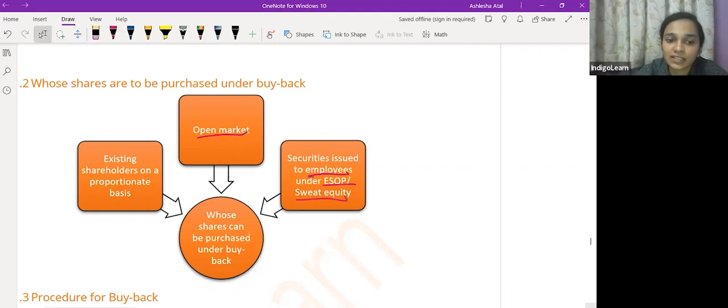Either the shares of the existing shareholders, or you go to the open market and buy back the securities from public, या फिर you can buy back the securities which you have issued to your employees under ESOP or any sweat equity shares.